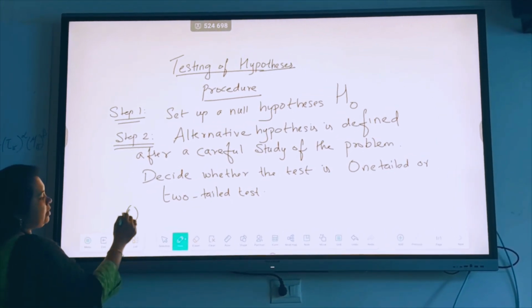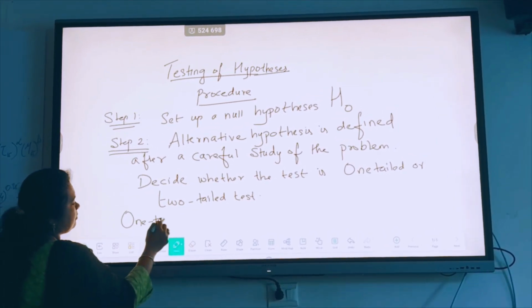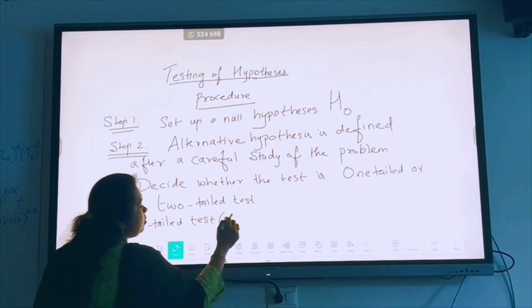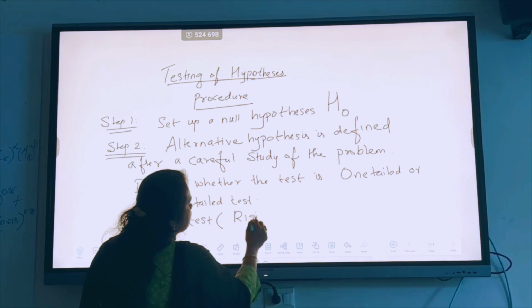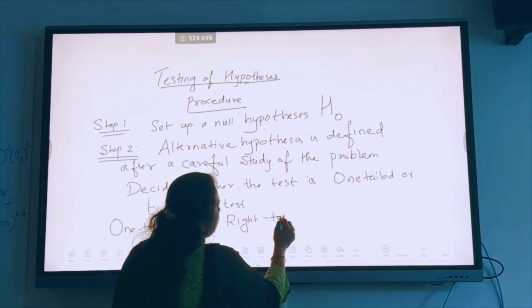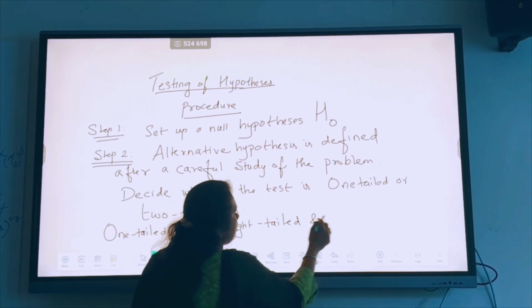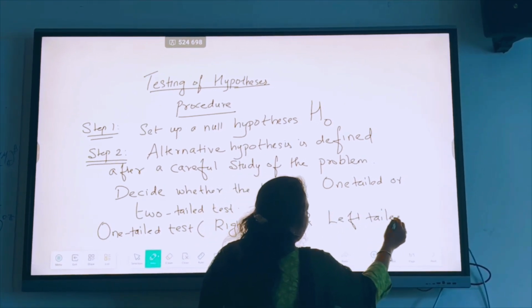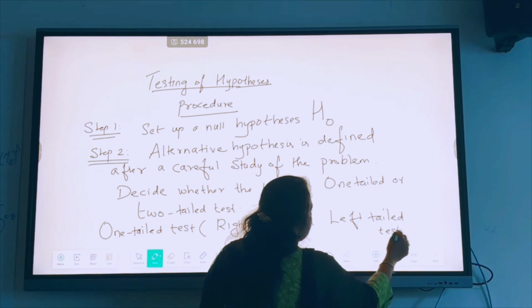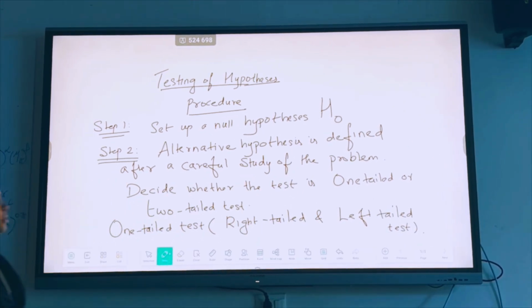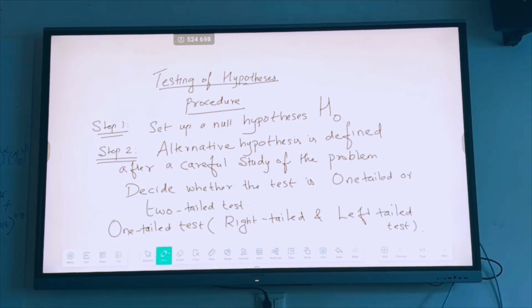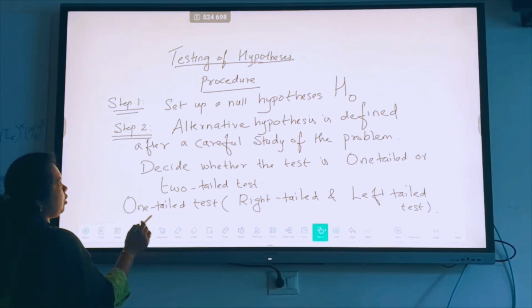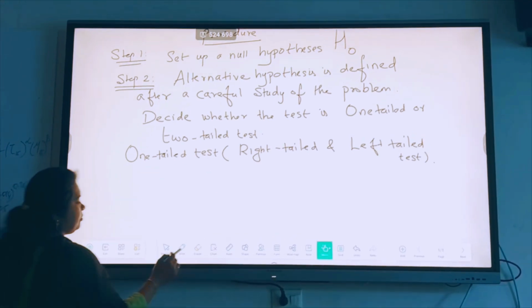So one-tailed test means we will have a right-tailed test and a left-tailed test. This is based completely on the normal probability curve.